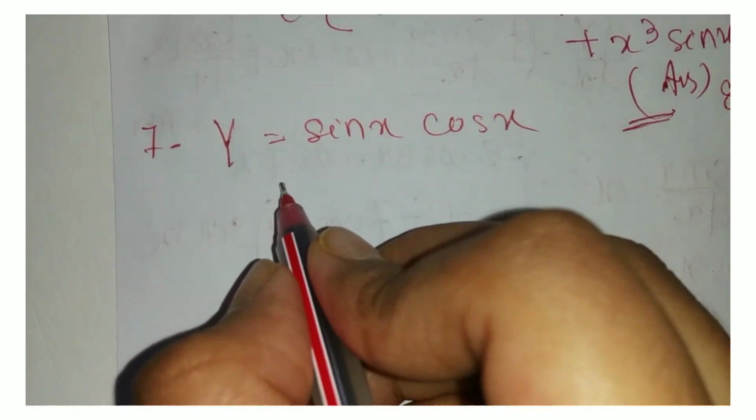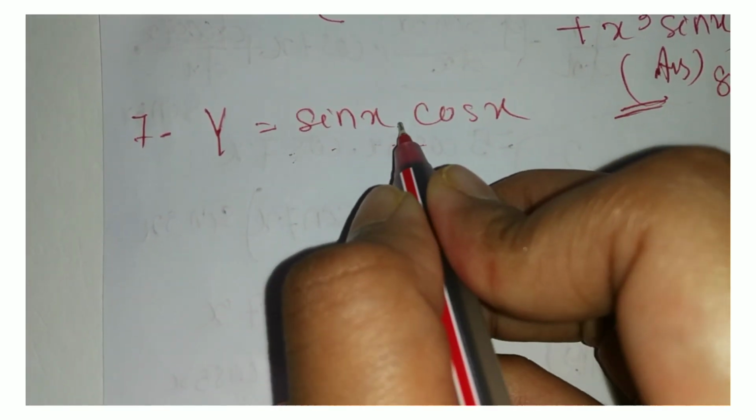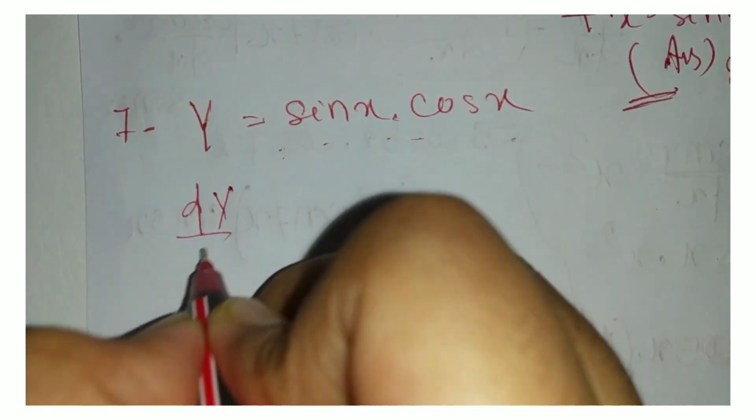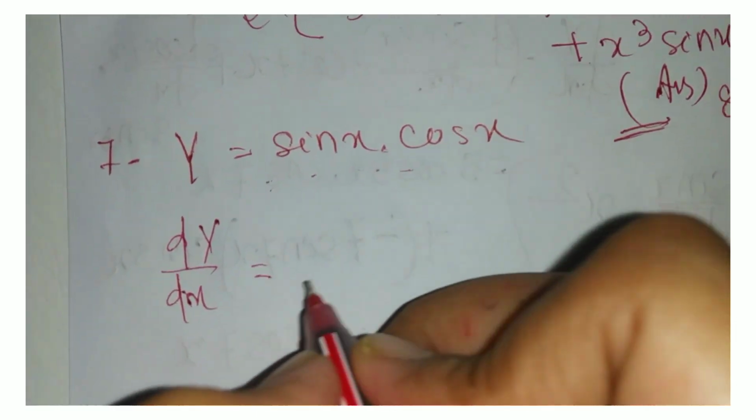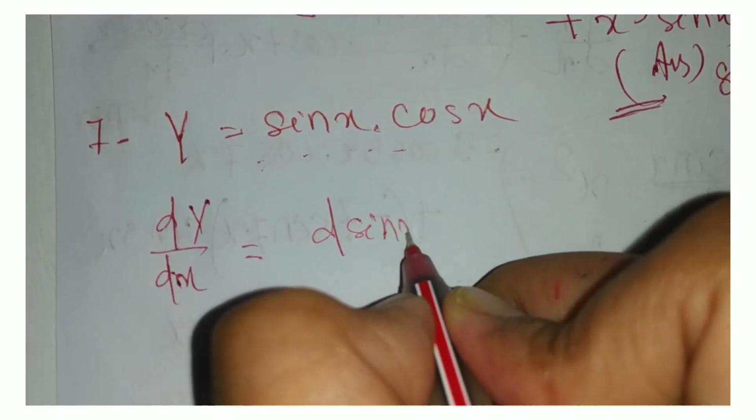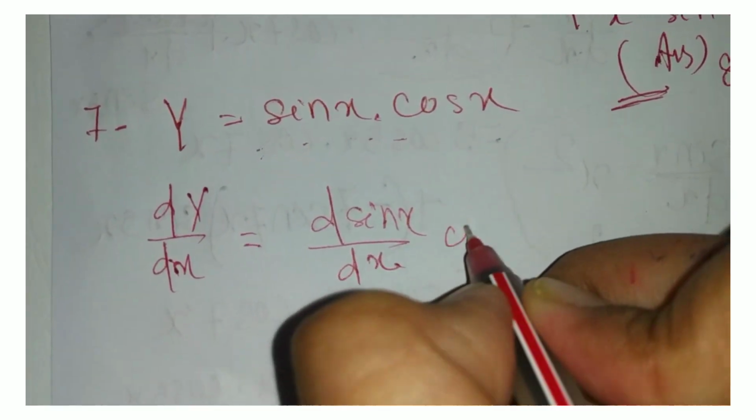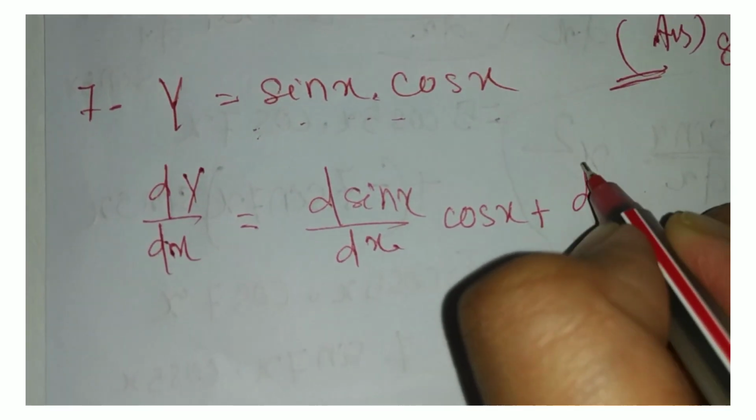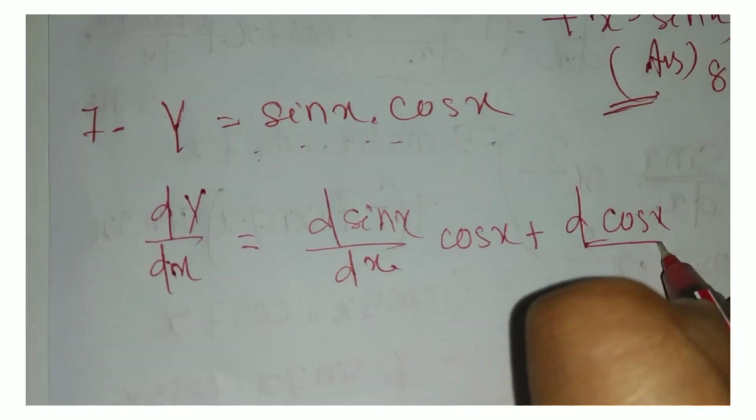Next, y is equal to sin x into cos x. dy by dx is equal to the derivative of sin x into cos x plus the derivative of cos x into sin x.